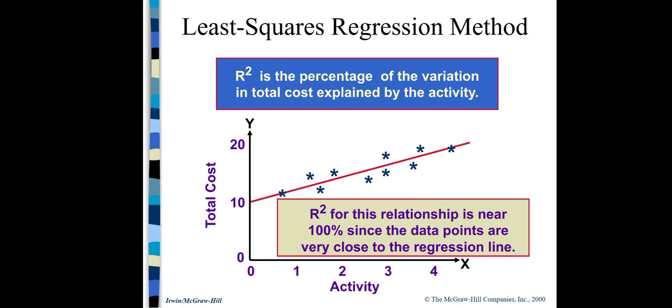This is the graph of least squares regression. R square is the percentage of the variation in total cost explained by the activity. The R square for this relationship is near 100% since the data points are very close to the regression line.